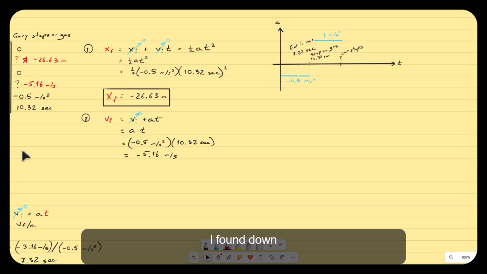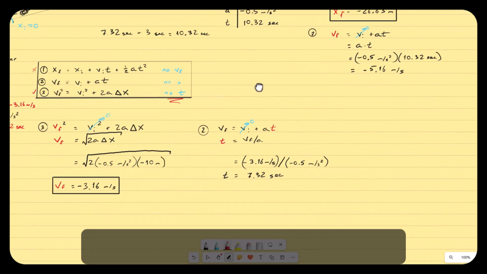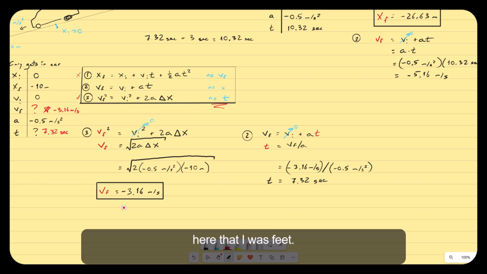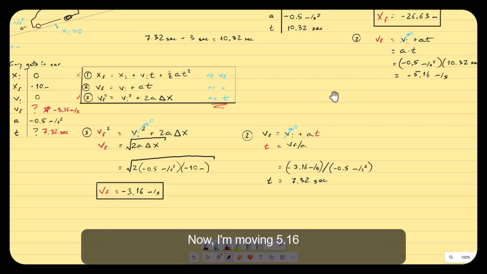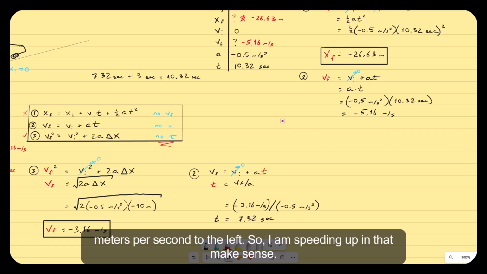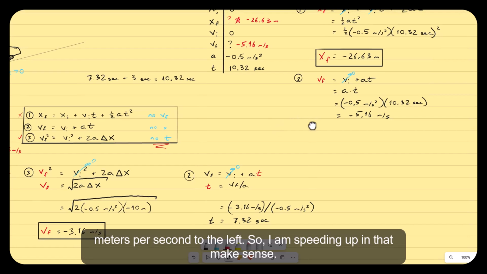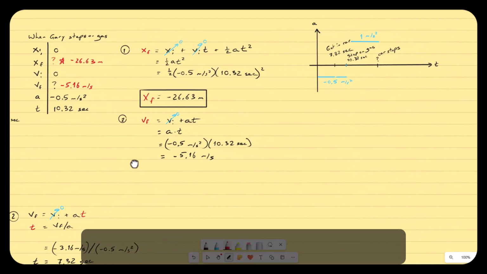I found down here that I was moving 3.16 meters per second to the left. Now I'm moving 5.16 meters per second to the left. So I am speeding up, and that makes sense.